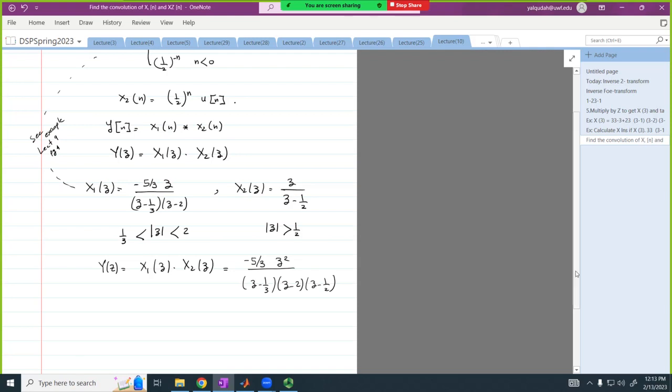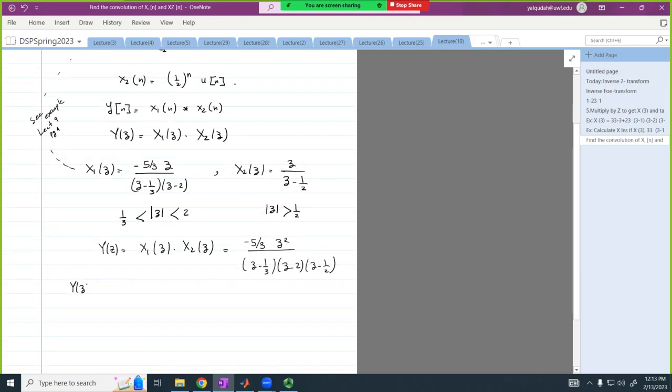Then we're going to take y of z divided by z, which is going to equal -5/3 z divided by z minus 1/3 multiplied by z minus 2 multiplied by z minus 1/2. We're going to expand it as, can I just write the result of the expansion since we're familiar with it now? It's going to be -2 divided by z minus 1/3 plus 10/3 divided by z minus 1/2 minus 4/3 divided by z minus 2.